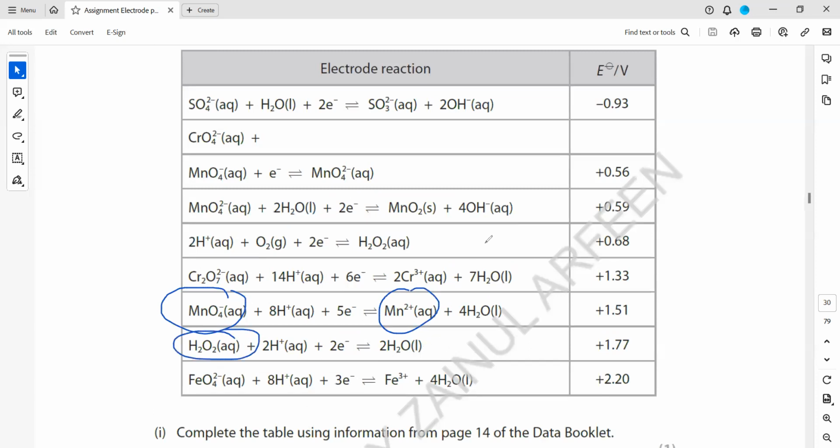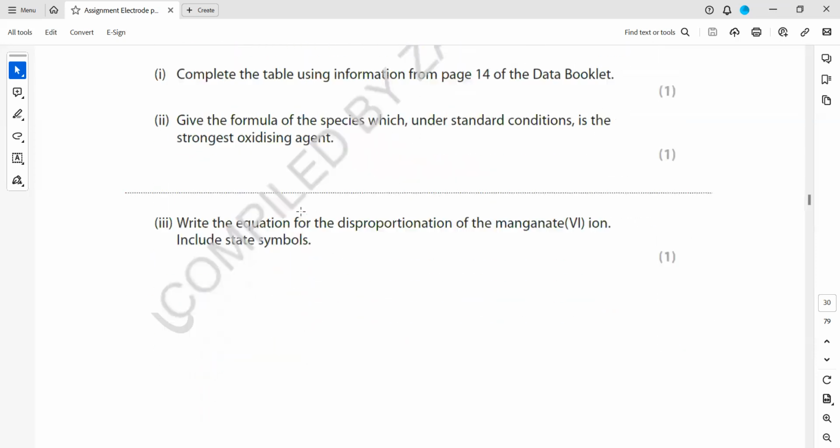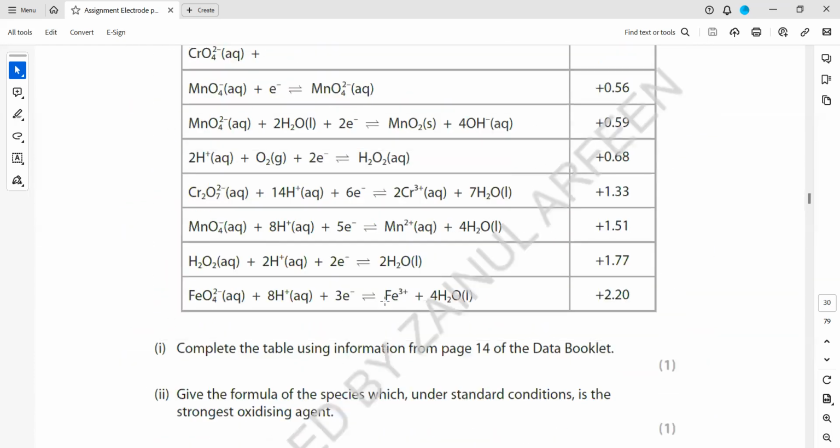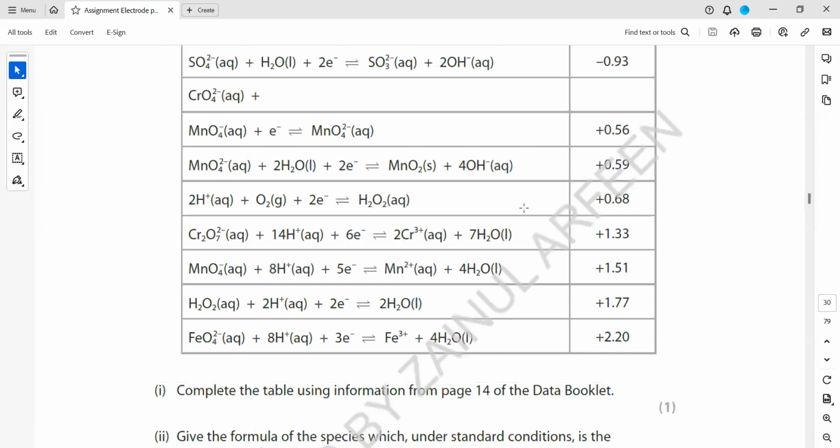These are the two reactants. But electrode potentials are always given for... if we use this equation, what is the second reactant? The second reactant is hydrogen peroxide. These hydrogen peroxide are there. Sorry.